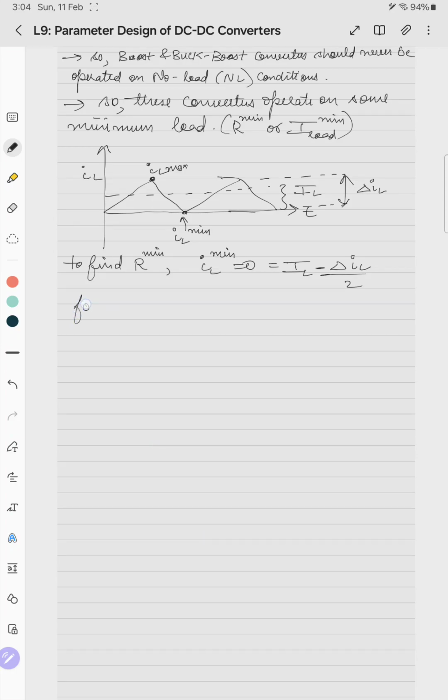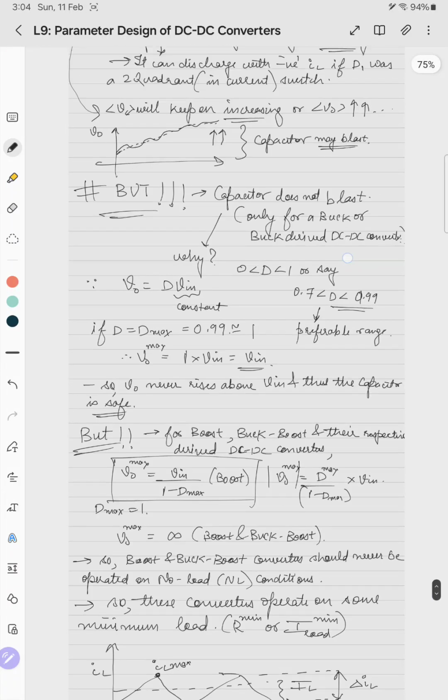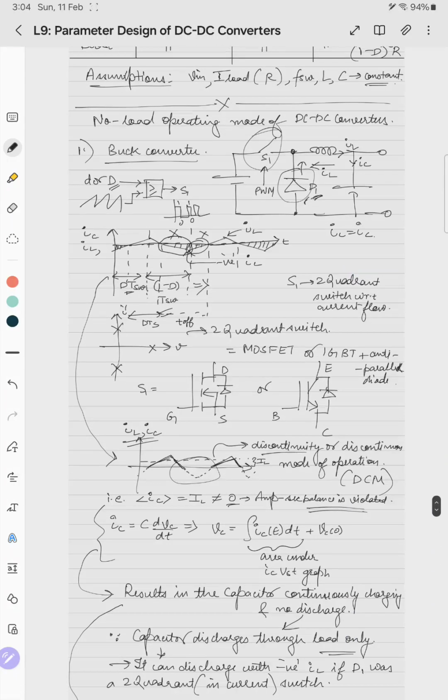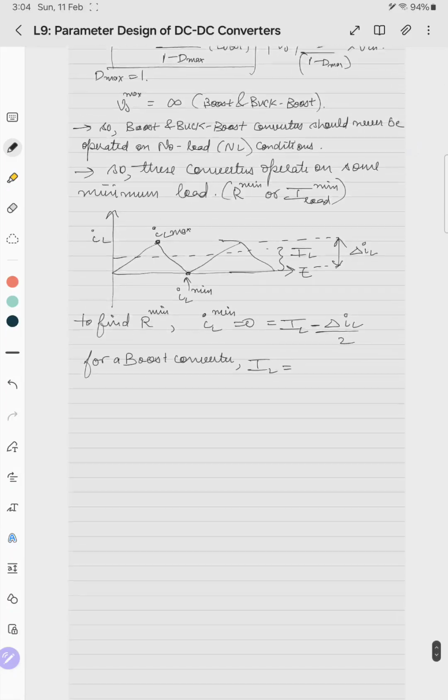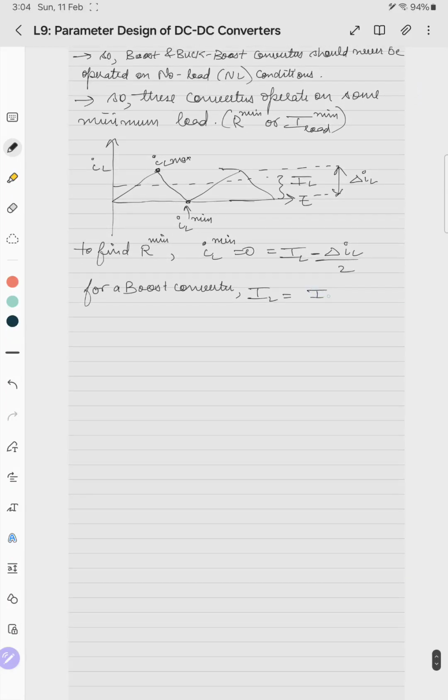So for a boost converter, what is IL? For a boost converter, the inductor is placed at the input side. So IL will be I load by 1 minus D, right?